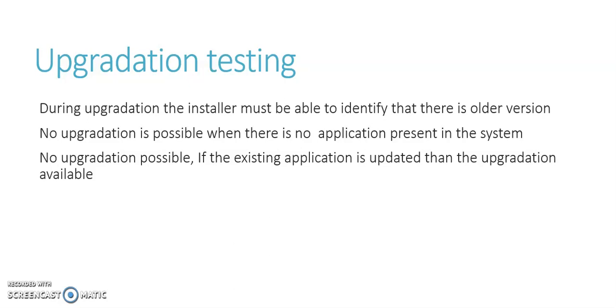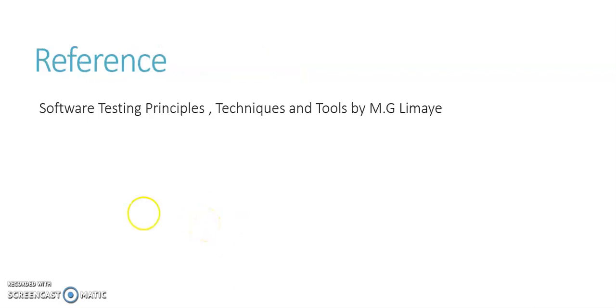If the existing application is more updated than the upgradation available, then no upgradation is possible in that case. Users must also be helped with the procedures and the steps they need to follow for upgrading the system.